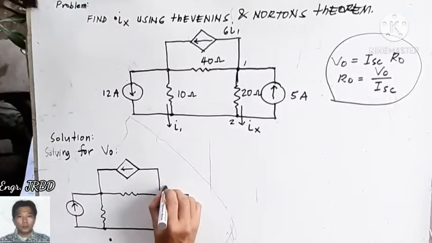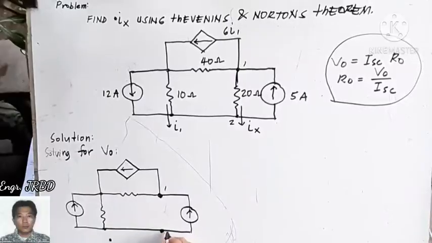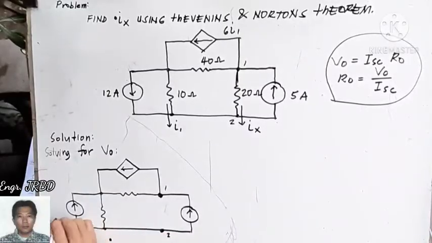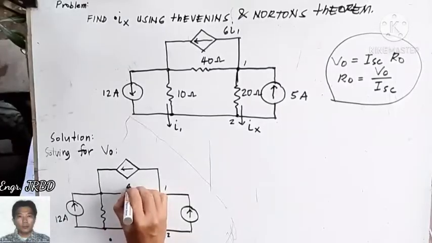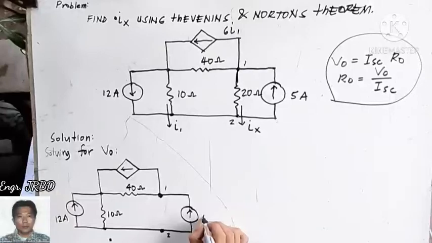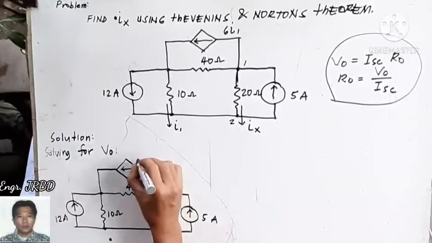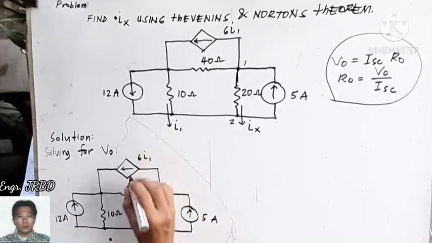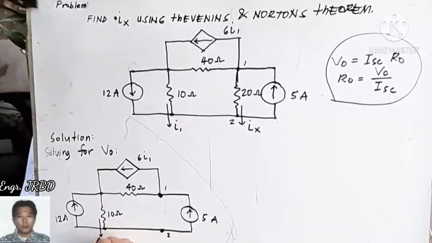This is terminal 1 and terminal 2. 12 amperes, 40, 10, 5, 6I1. This is our I1.